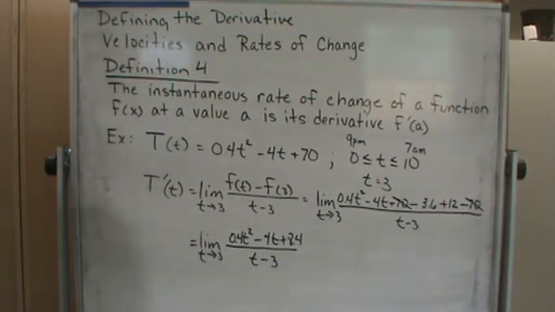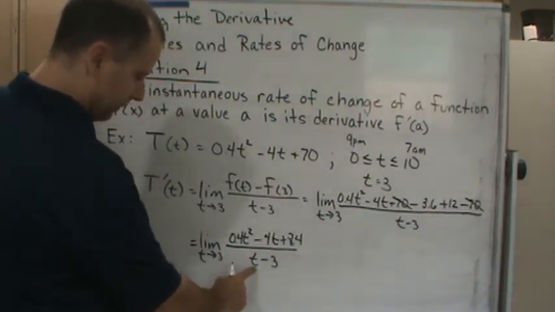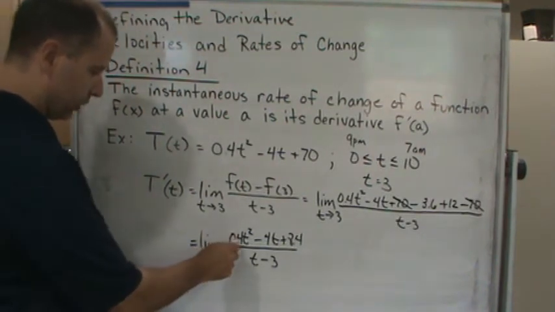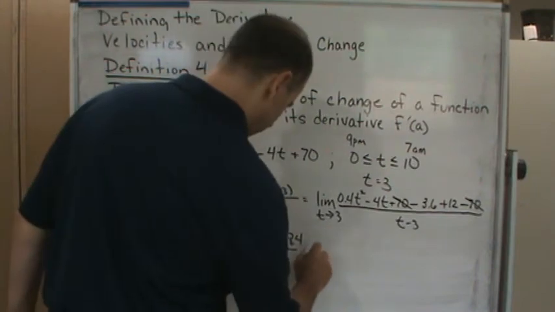Now here's what we're going to do. Let's factor 0.4 out of there, because we can't factor this the way it is. We've got to be able to get this t minus 3 out of there. So let's factor the 0.4 out to get all whole numbers and see what we have.